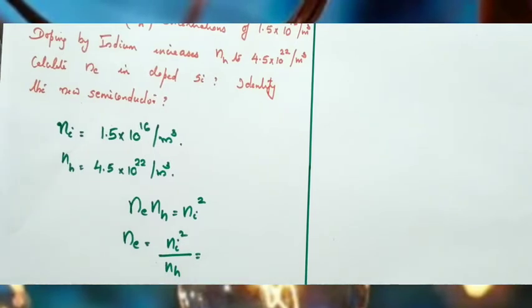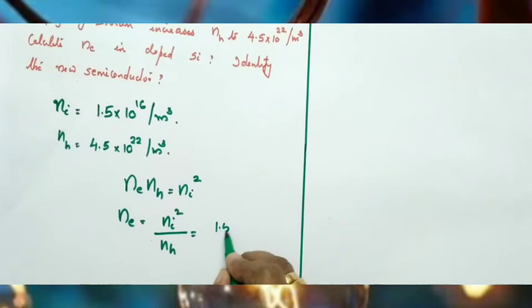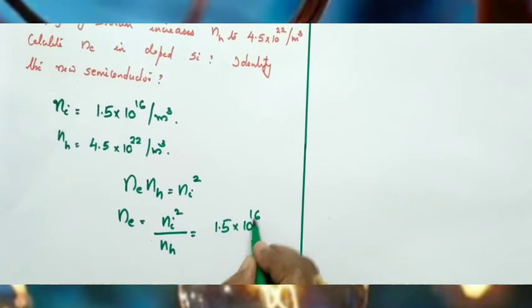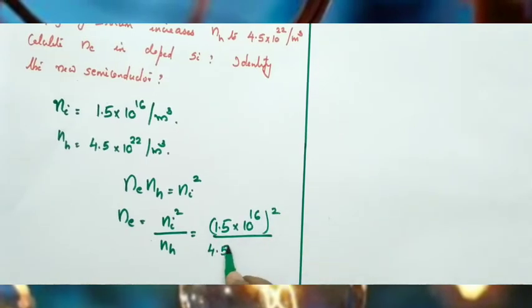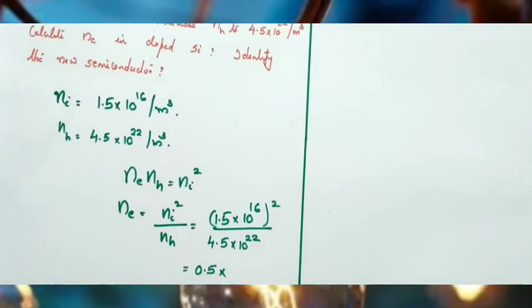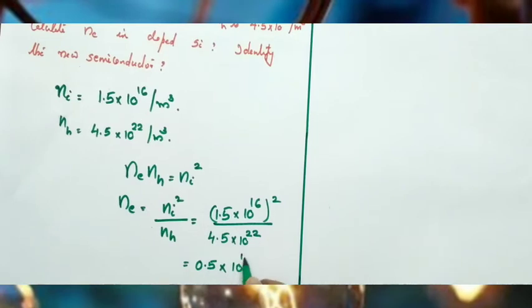There we can substitute (1.5 into 10 raised to 16) the whole square, divided by 4.5 into 10 raised to 22, and after simplification you will get the answer as 0.5 into 10 raised to 10 per meter cube.